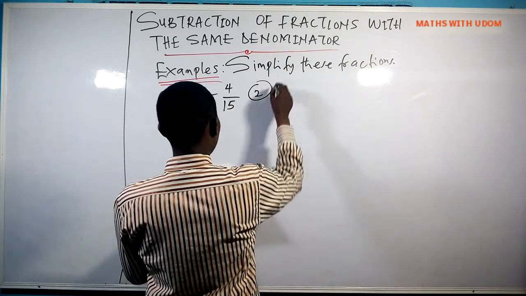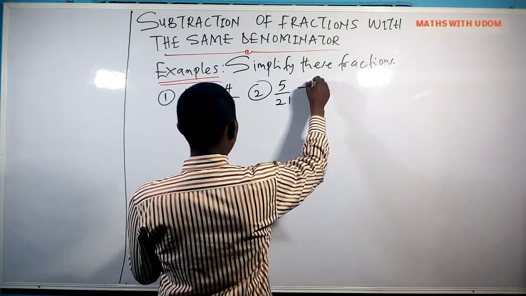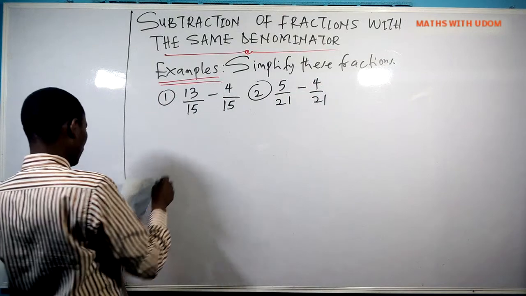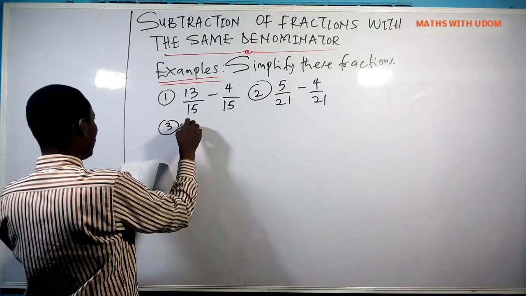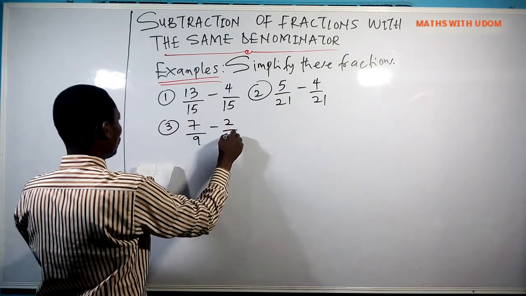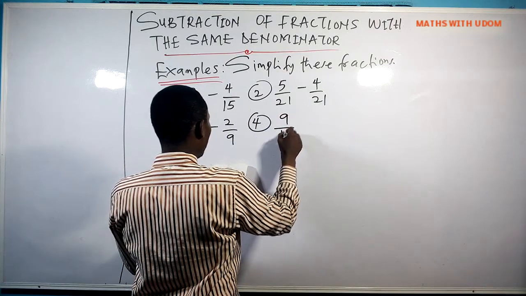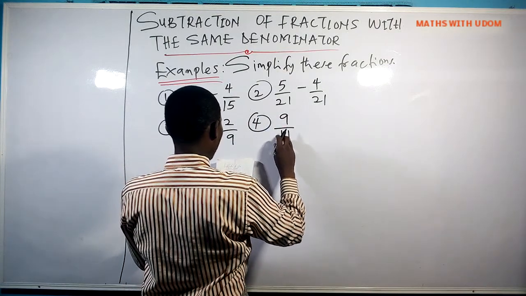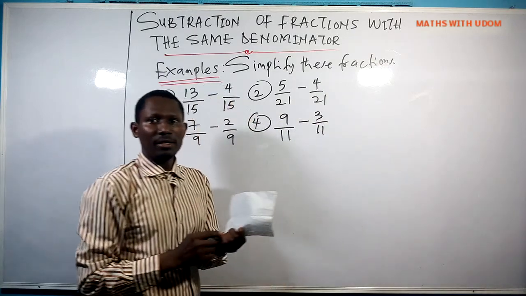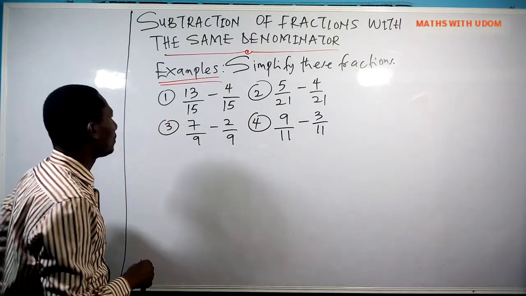Number two, 5 over 21 minus 4 over 21. Number three, 7 over 9 minus 2 over 9. And lastly, number 4, 9 over 11 minus 3 over 11. So let's look at these four examples. Okay, quick solution.